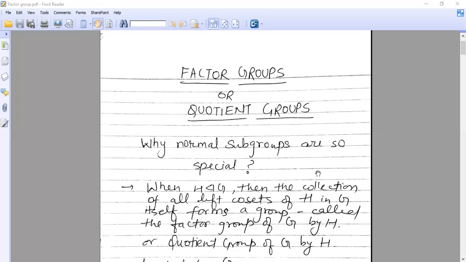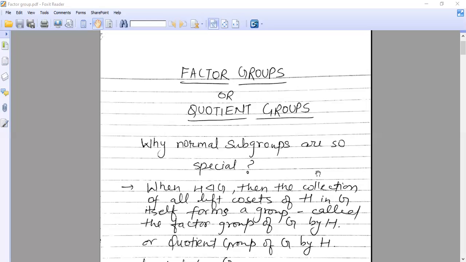So we have seen that if H is a subgroup of G, then H is a normal subgroup if and only if HG is equal to GH, meaning the right coset is equal to the left coset. Now, why are normal subgroups of this much importance?